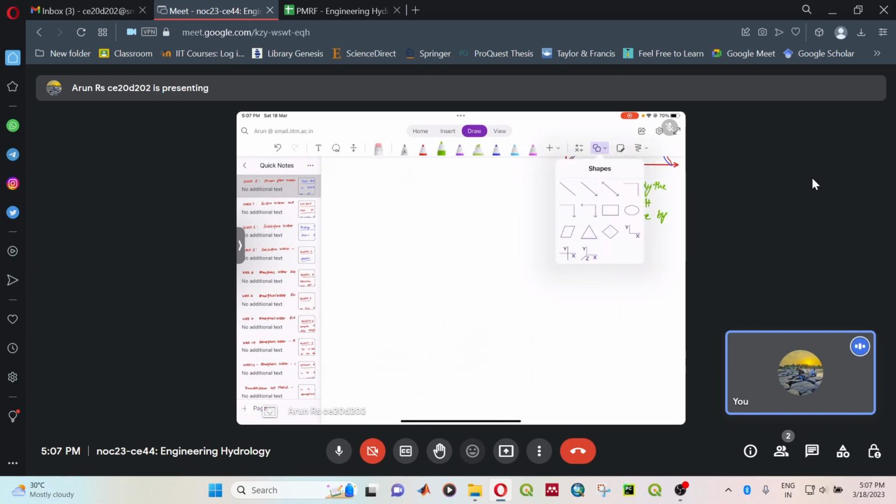So what we will get is 6 hours, but the rainfall excess is 7 centimeter.